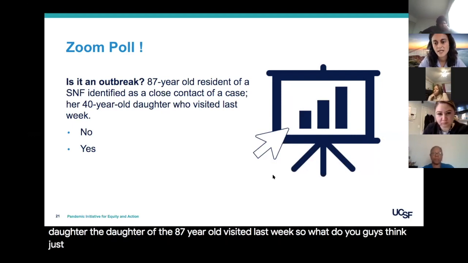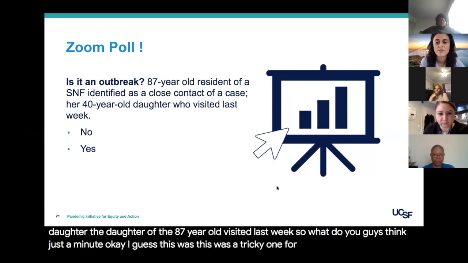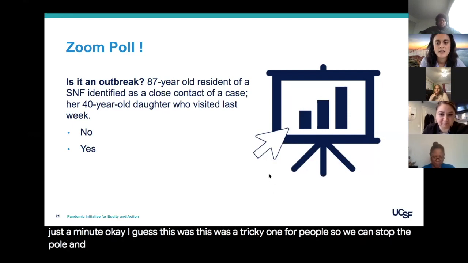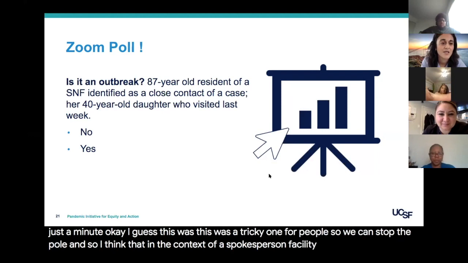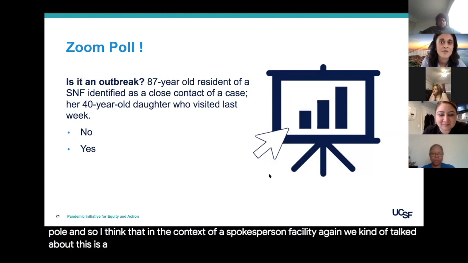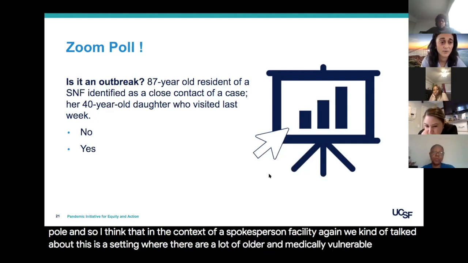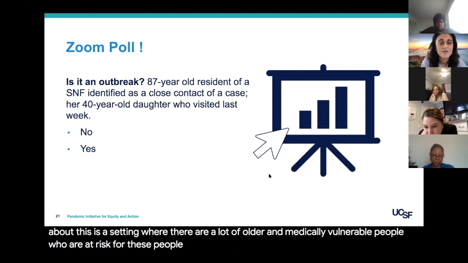Just another minute. Okay, I guess this was a tricky one for people. So we can stop the poll. In the context of a skilled nursing facility, as we talked about, this is a setting where there are a lot of older and medically vulnerable people who are at risk of severe COVID-19 disease.